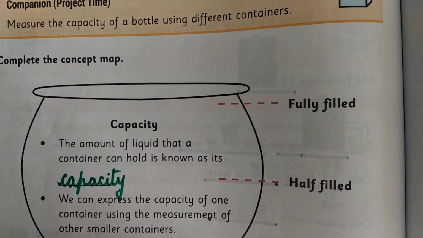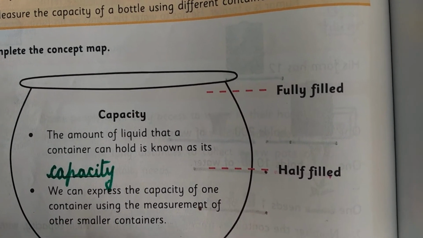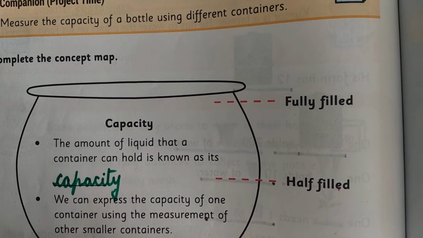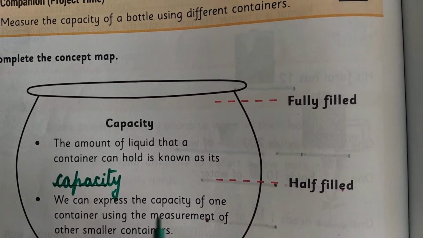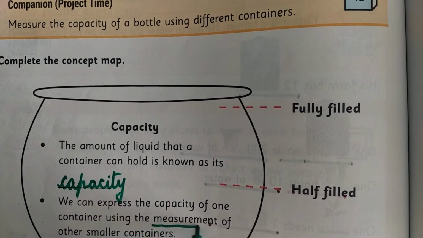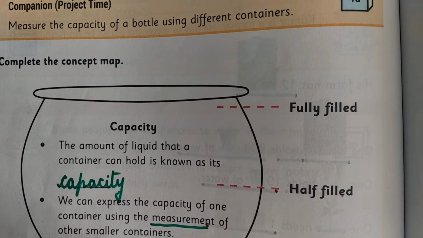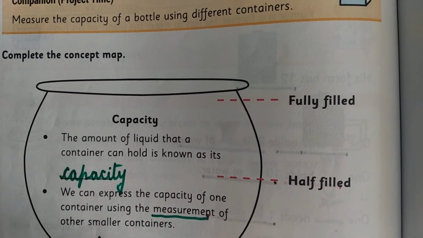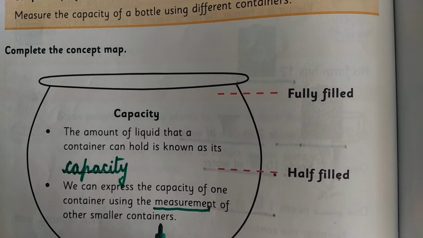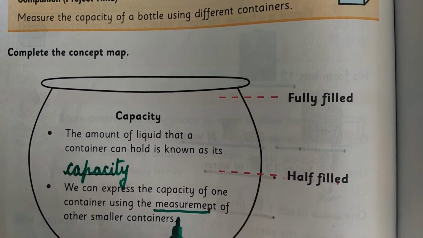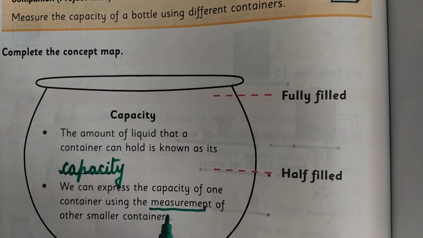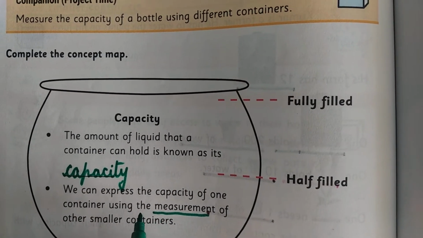Using a bowl or a glass, we will fill the water bottle, so we can find the measurement of the capacity. So how much that container can hold, we can find it, isn't it?